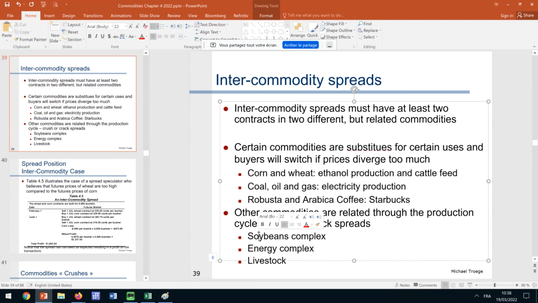If you know how much soy oil and soy meal you can produce from soybeans, and how much it costs to transform soybeans into soy oil and soy meal, you can try to arbitrage this soybean complex. So if soybeans become more expensive, of course, soy meal and soy oil should also become more expensive.